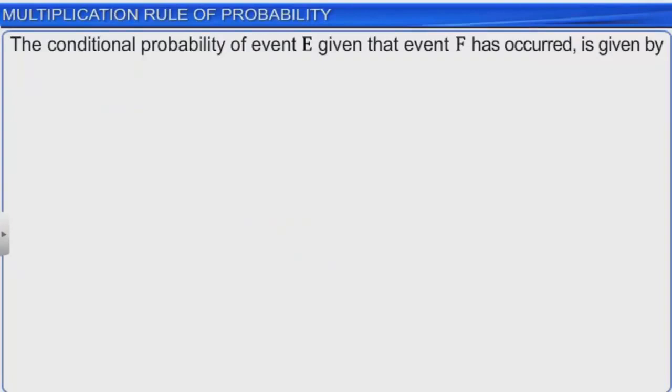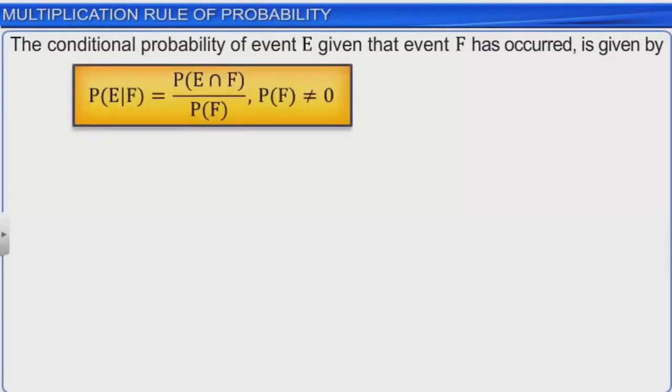We know that if E and F are two events in the same sample space S, then the conditional probability of event E given that event F has occurred is given by the probability of E given F is equal to the probability of E intersection F divided by the probability of F, where the probability of F is not equal to 0.